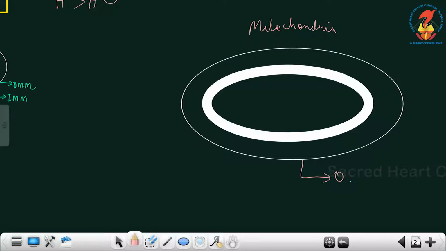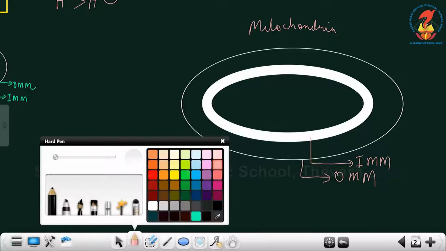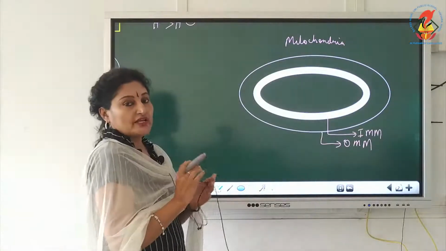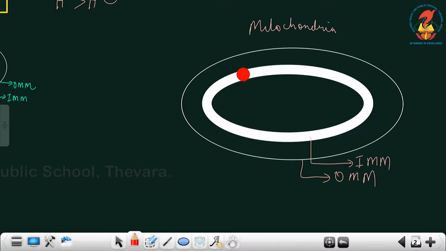The outer mitochondrial membrane is indicated by the thin oval, then the inner mitochondrial membrane, and remember why I made it thick? To incorporate our ETC, a system or chain of electron carriers. So I am going to draw 1, 2, 3, 4, 5, 6, 7.